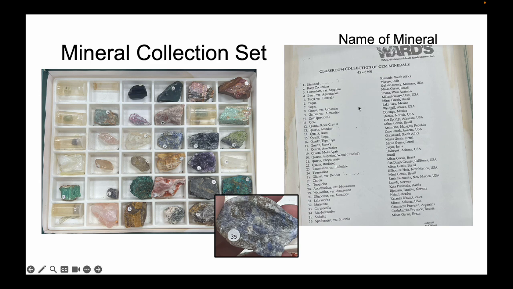The names of the minerals you may find on the box cover. For example, here we have mineral number 35, which if you look into the mineral list, refers to sodalite. That is how you identify the mineral's name.